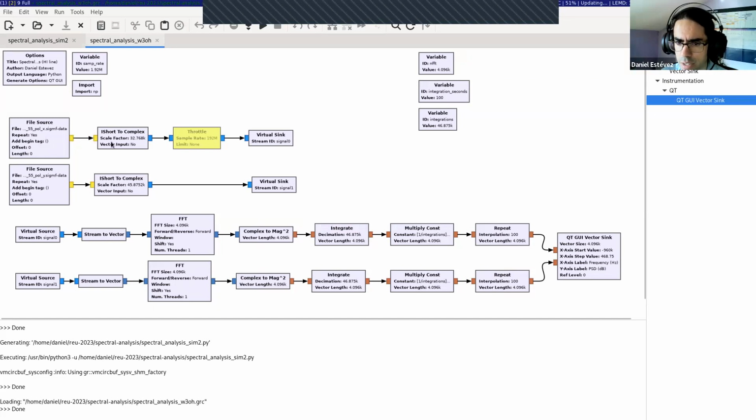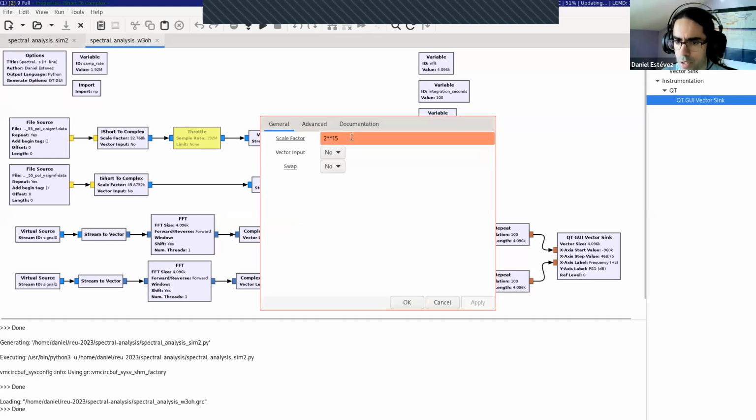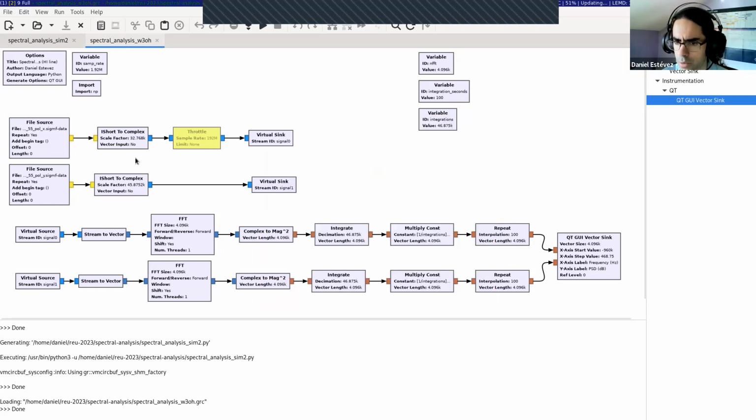These are 16-bit integers, so we are converting them to complex and adjusting by a scale factor of 2 to the power 15, which is the maximum value we can have on a 16-bit integer, to get numbers between -1 and +1, which is more common to work with complex numbers.